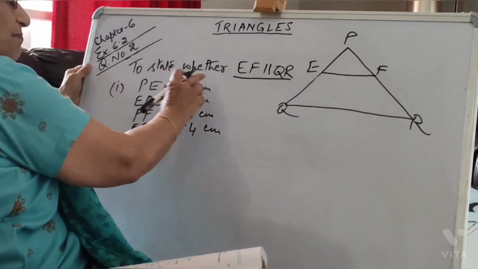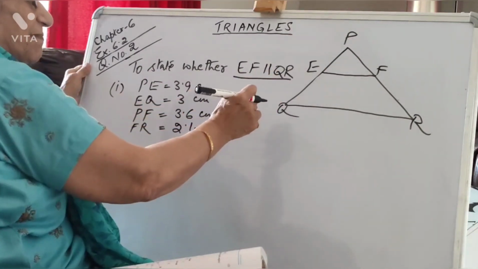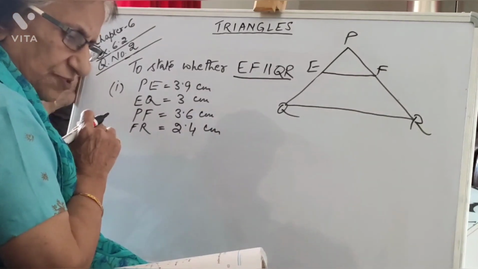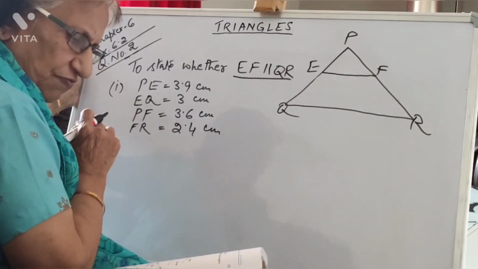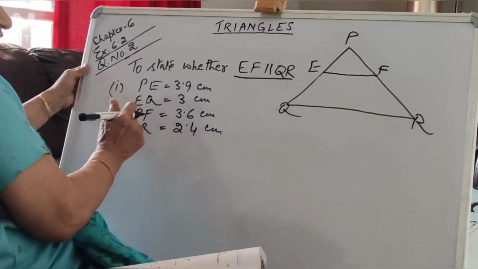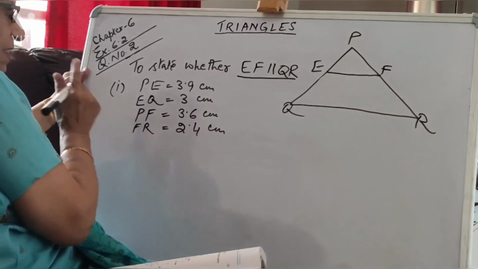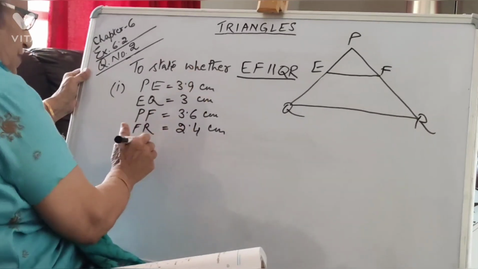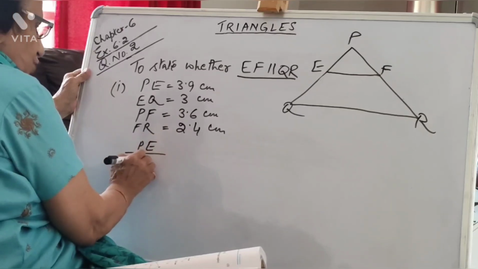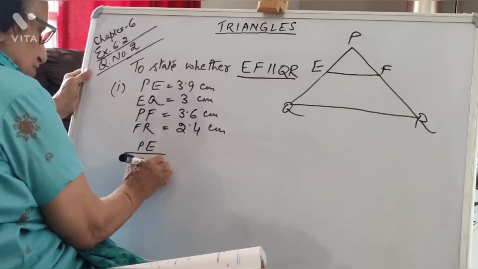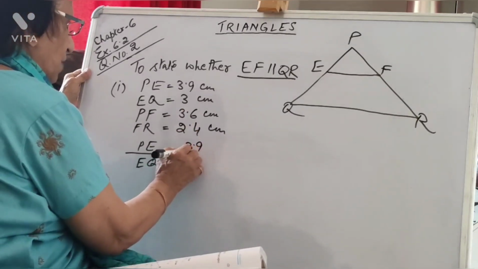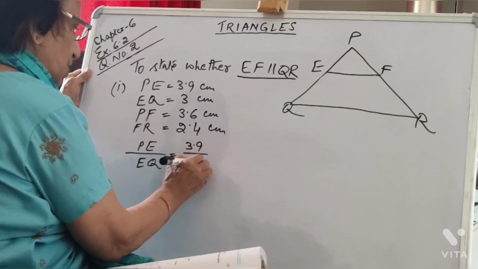सो अगर पैरेलल है तो बताइए, अगर ये पैरेलल होती तो PE इज इक्वल टू, पहले दिया हुआ है ऑन द साइड PQ एंड PR, देन फॉर ईच ऑफ द फॉलोइंग स्टेट वेदर EF इज पैरेलल टू QR. PE over EQ is equal to 3.9 over 3.